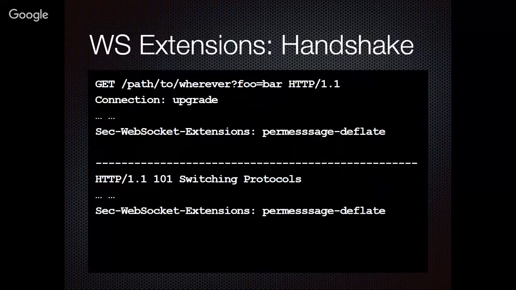At the protocol level, in addition to all of the other WebSocket handshaking stuff, the client sends this Sec-WebSocket-Extensions header, where it tells you the details of the extensions, and the server will send back, yes, I recognize that extension, or I don't recognize that extension. There's a special status code where, if the client isn't happy with the extensions the server has offered, the client can close the connection and specifically say, no, you didn't have the extension that I wanted. You're not good enough for me.